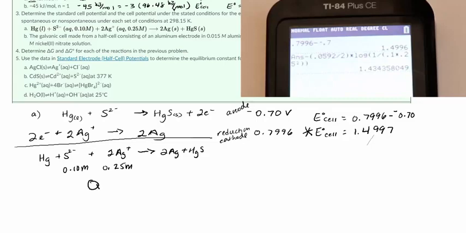Now we can set up our Q. Q is going to be products. We don't have any concentrations of products, so it's going to be 1 over reactants. Now the concentration of my reactants is going to be raised to the power of the stoichiometric coefficient. So I'm going to have my 0.10, but then I'm going to have my 0.25 squared. So when I go to calculate my non-standard cell, I start with my standard cell, and then I subtract my non-standard adjustment.